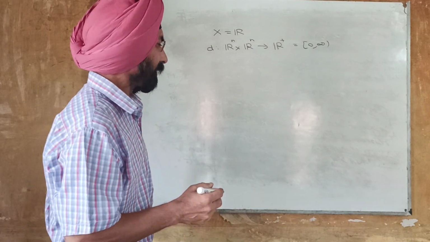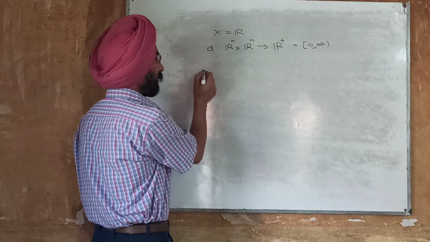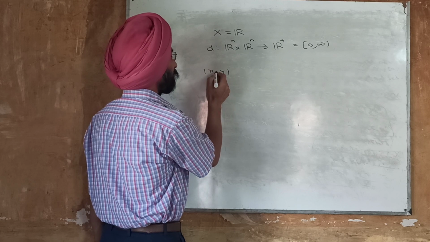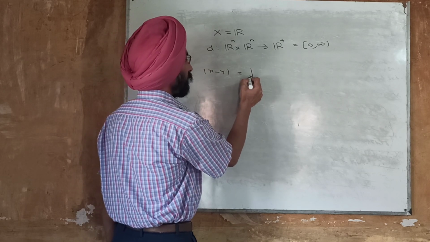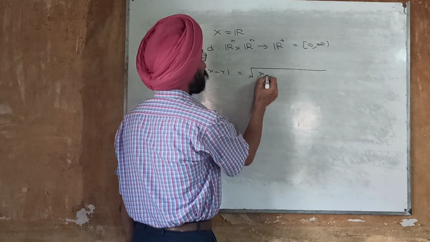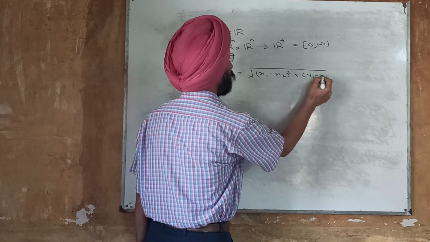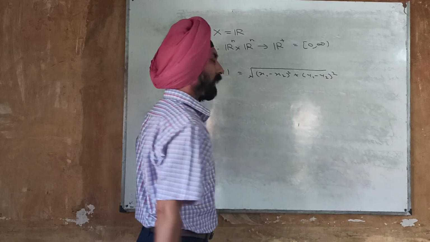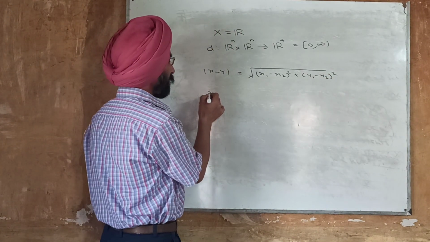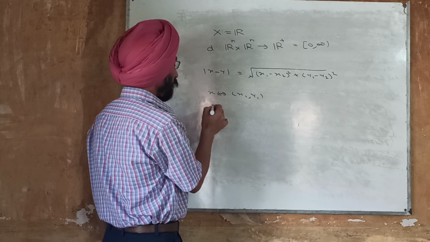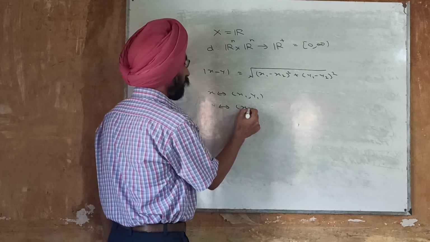In R square, the distance between 2 points x and y is normally denoted by the square root of x1 minus x2 square plus y1 minus y2 square, where the point x is x1, y1 and the point y is x2, y2.